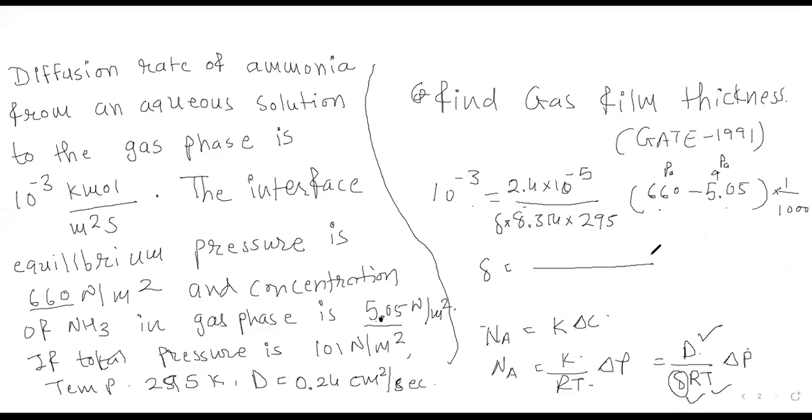Anyone having the answer in meter, we can also say it in micrometer. Both are acceptable. Okay, very good. 66.24 centimeter. Okay, very good. Someone's answer will be 66.24 centimeter.